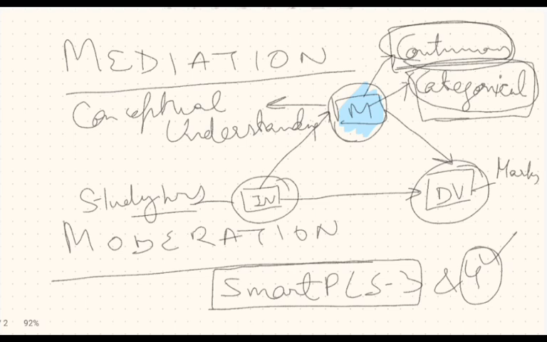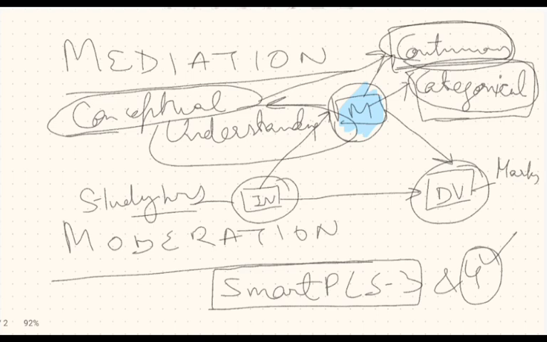Yes, there could be some little direct effect, but if we take conceptual understanding as a mediator, as per the theoretical understanding of your topic, if the theory suggests that there has to be a mediator, which is conceptual understanding, which mediates the relationship between study hours and the marks secured by the student, you take this as a mediator, conceptual understanding, which may be measured on a Likert 7-point scale or Likert 5-point scale.